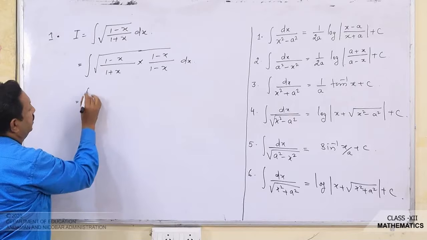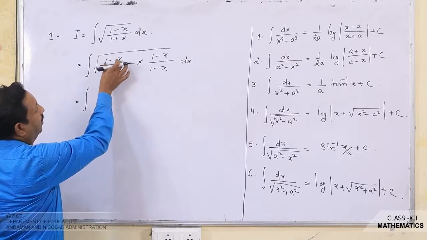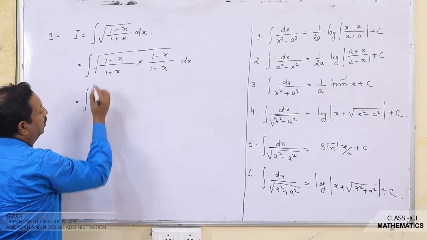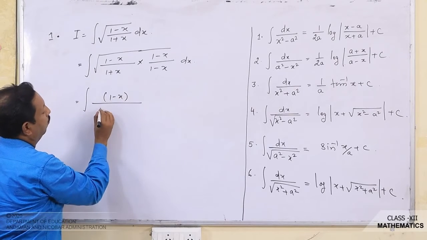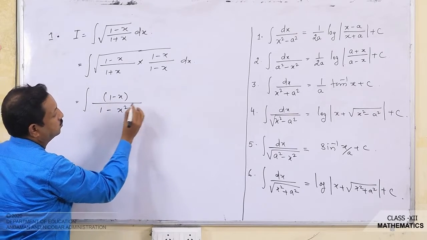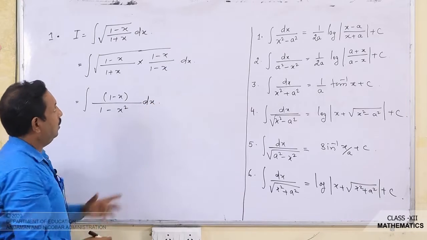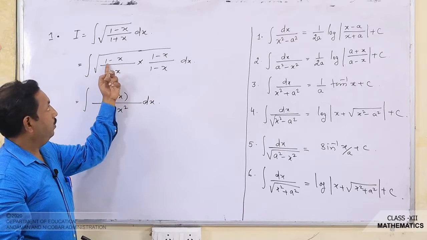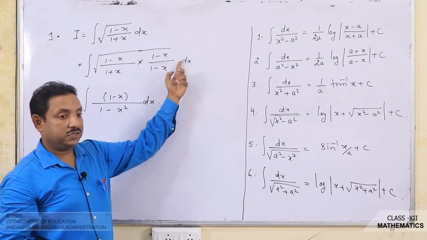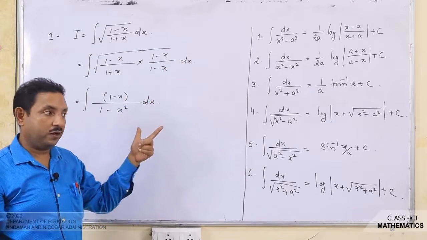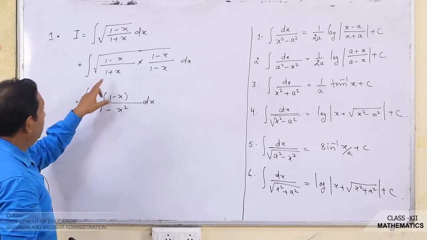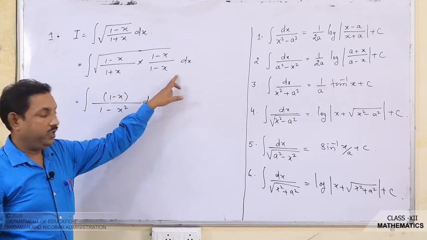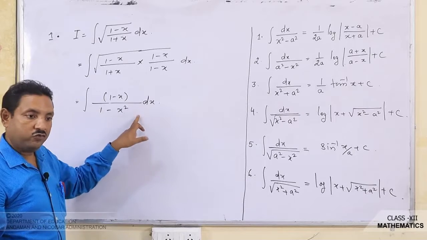So, this is integration of root under 1 minus x whole square upon 1 minus x square dx. Now, I have applied 1 minus x into 1 minus x, that is 1 minus x the whole square, due to this root, that is 1 minus x only, and a plus b into a minus b, that means a square minus b square.